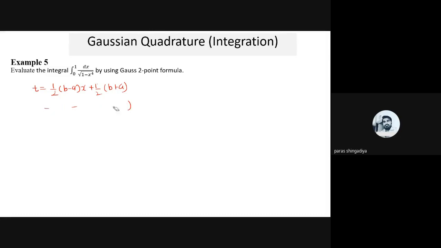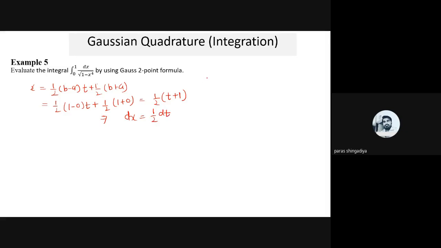Here it will be x, just interchange the variable now. The remaining data will be as it is: (b minus a) into t plus 1 by 2 (b plus a), and that will be 1 by 2 of (1 minus 0) into t plus 1 by 2 (1 plus 0), and that will be 1 by 2 of (t plus 1). So we get x is equal to 1 by 2 of (t plus 1). Based on that, dx will be 1 by 2 dt.